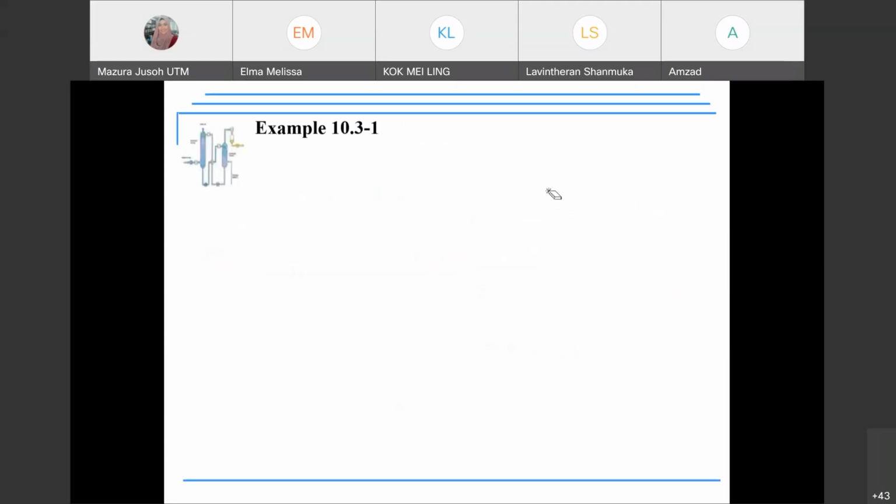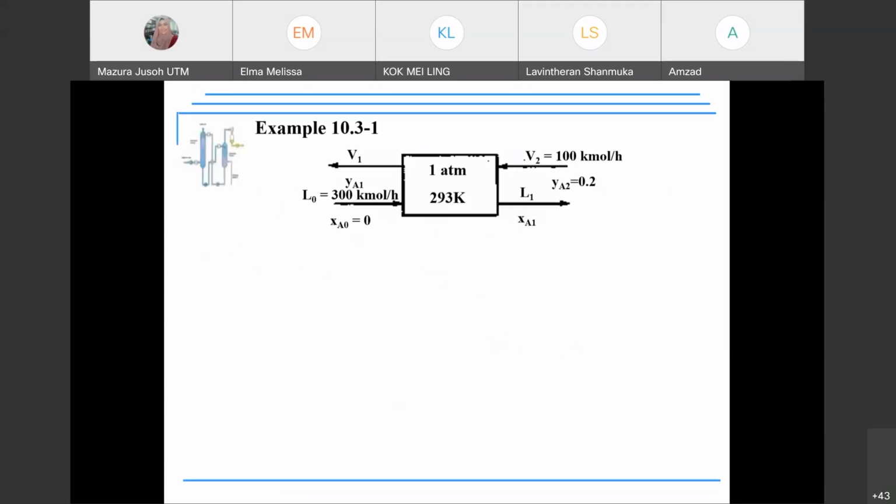All right, so this is how it looks from the question. You will have 100 kilomole per hour of V2 containing 0.2 of CO2. So now your A is CO2, your B is air, and your C is water. Those are your components.